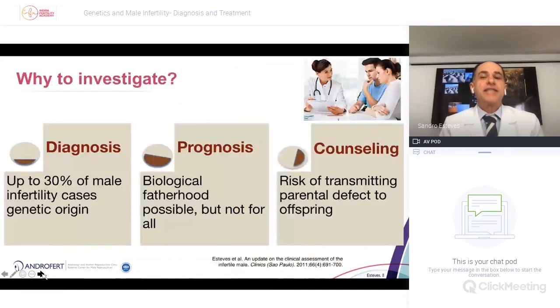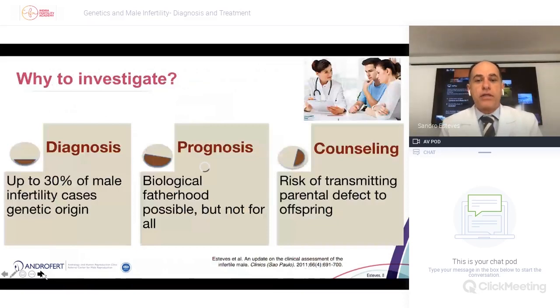So why do we need to investigate the genetic condition of a patient coming to us seeking fertility? First of all, we know that up to 30% of male infertility cases have genetic origin.